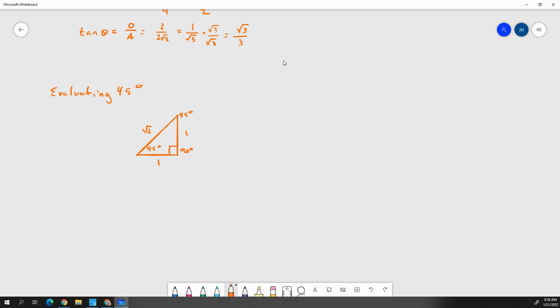So what that tells me is if, say, my side length here is 3, that means this side length is also going to be 3. And then this one is going to be 3 radical 2.